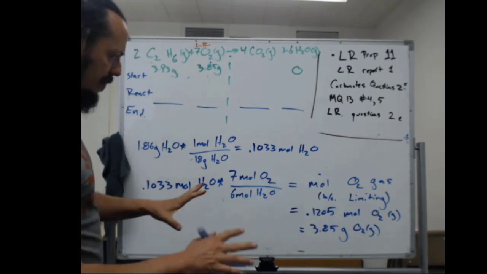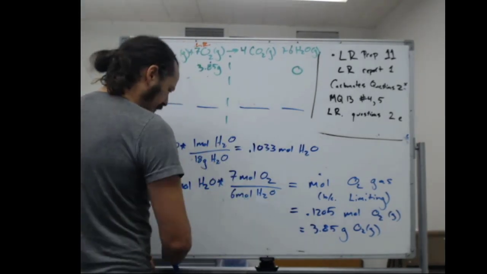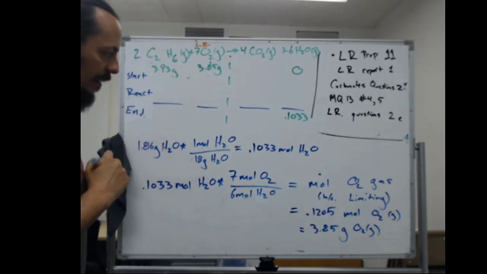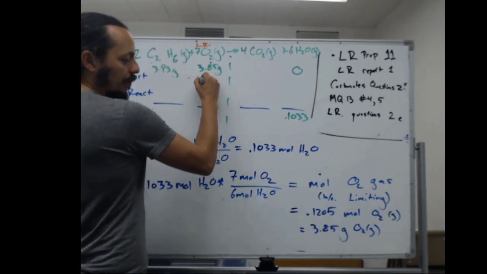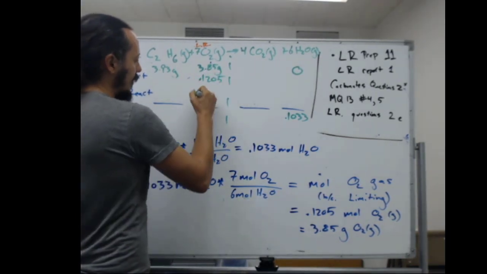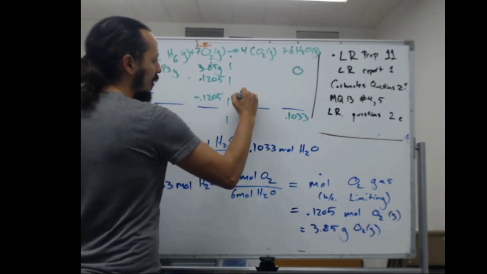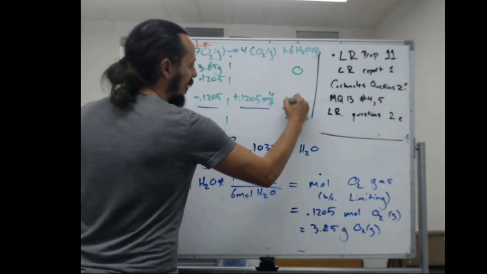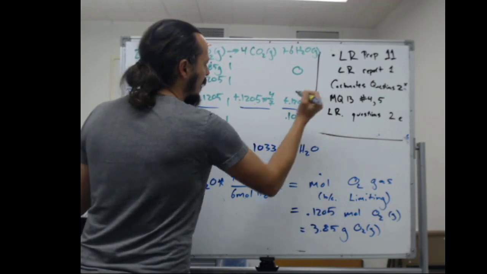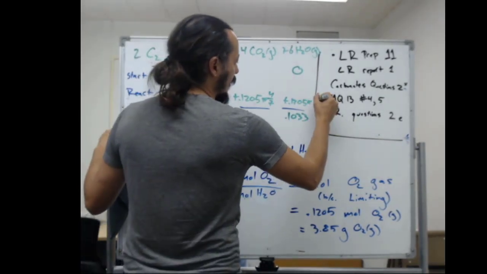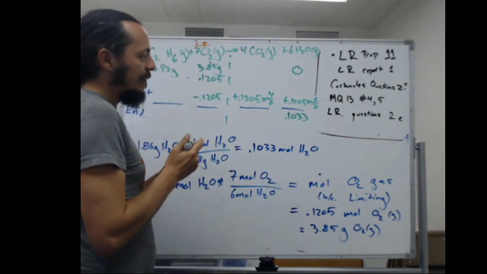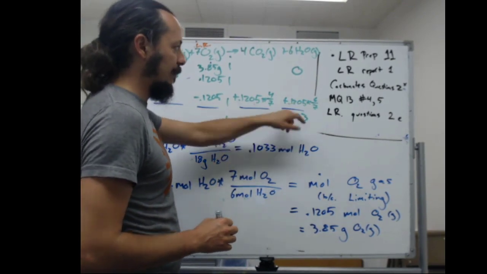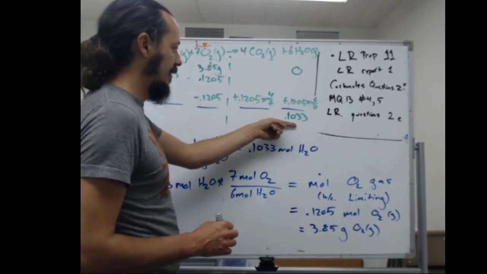So we know, let's see, I'm going to leave this 0.1033, minus 0.1205 times 6 to 7, plus 0.1205 times 4 to 7, and if I did everything correctly, 0.1205 times 6 to 7 will give us this number, right? 0 plus this gives us that.